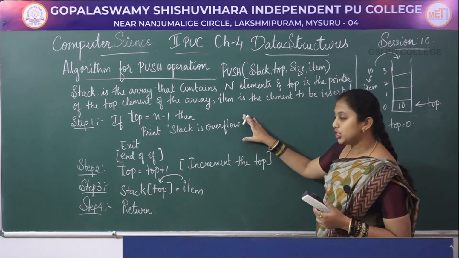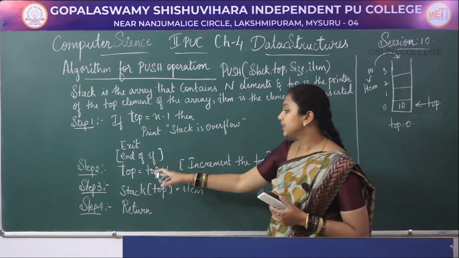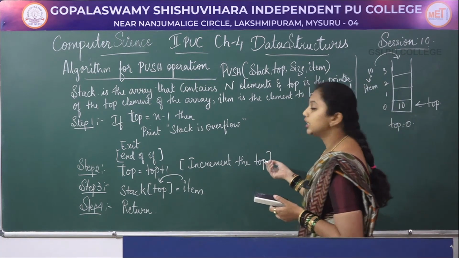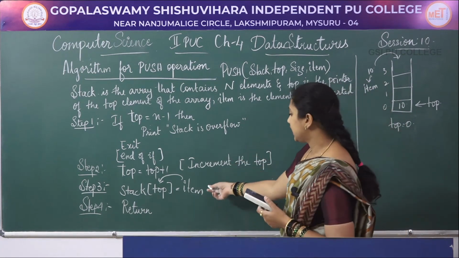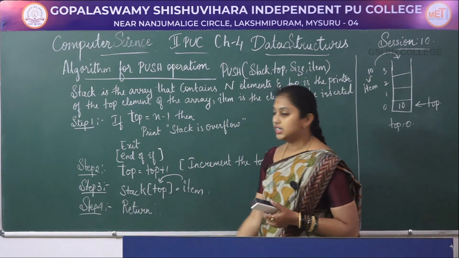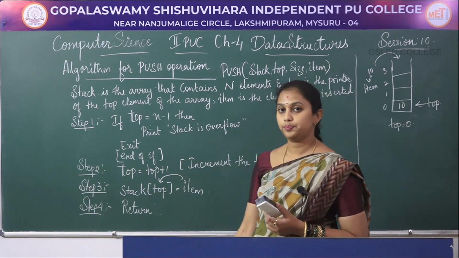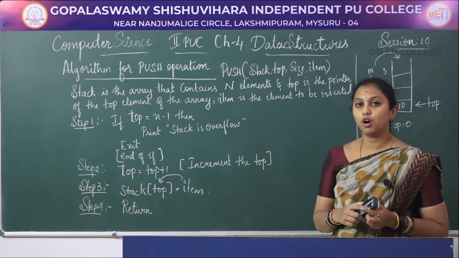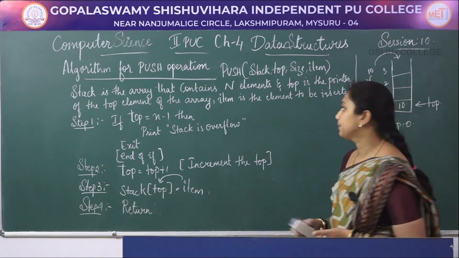If this condition is false, then we can insert an item into the stack by incrementing the top. So we are inserting an item to the top of the stack and we are returning from the stack. Next, let's see how to perform the pop operation.